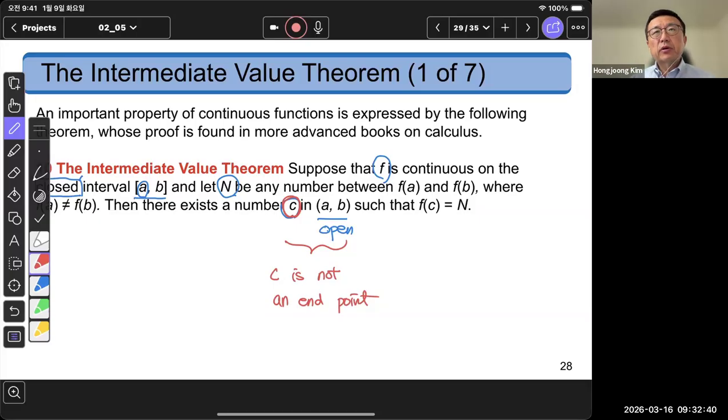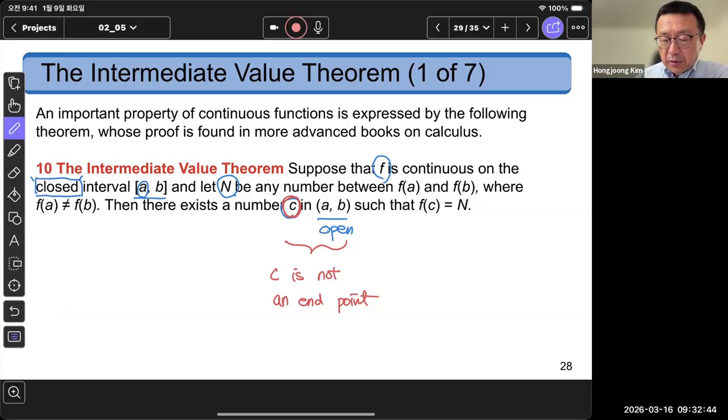So the intermediate value theorem, if I say it one more time, is that if you have a continuous function on the closed interval between a and b, and if n is any number between f of a and f of b, then the line at n will have an intersection with the graph of the function at some interior point.